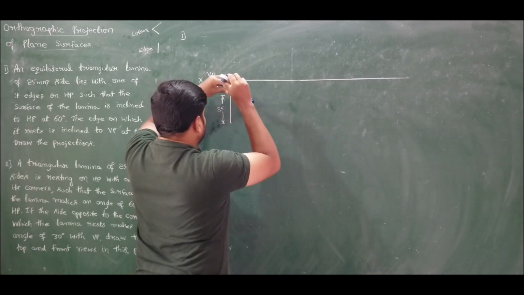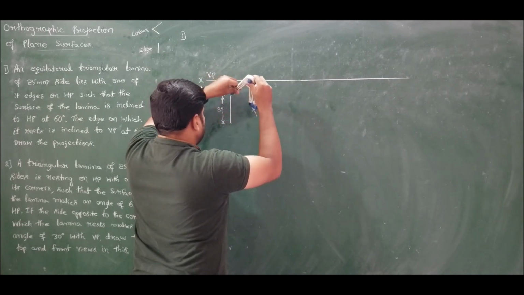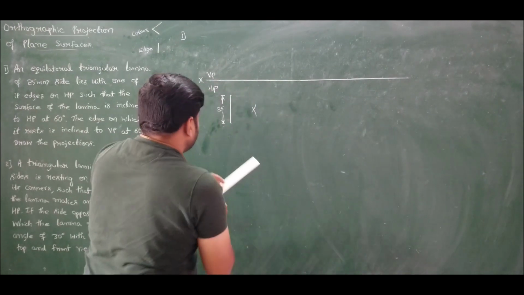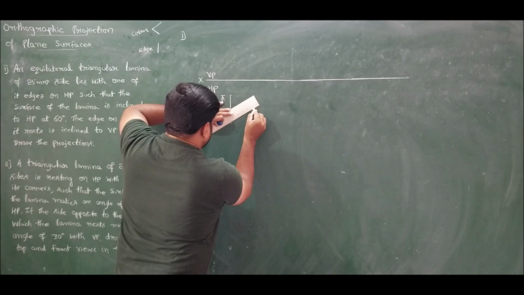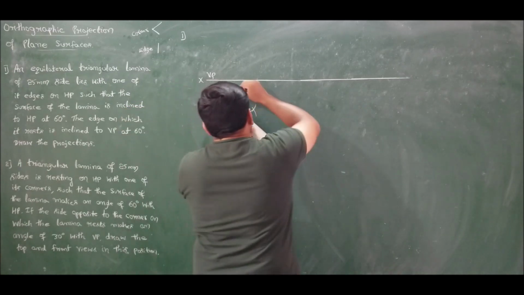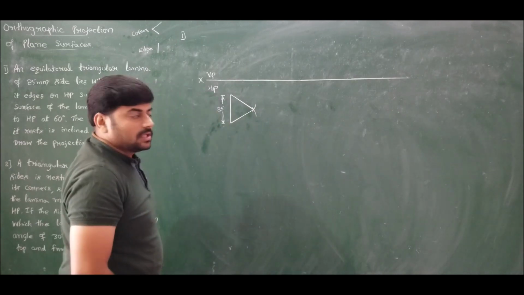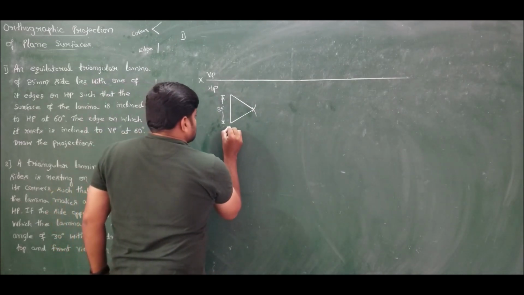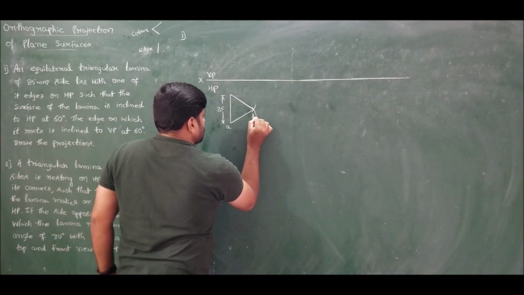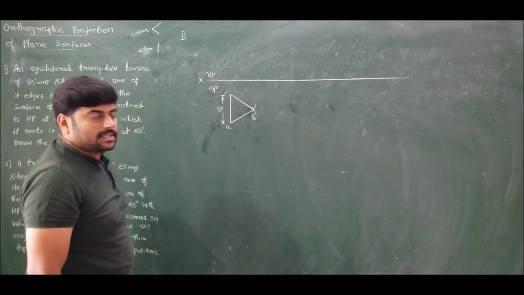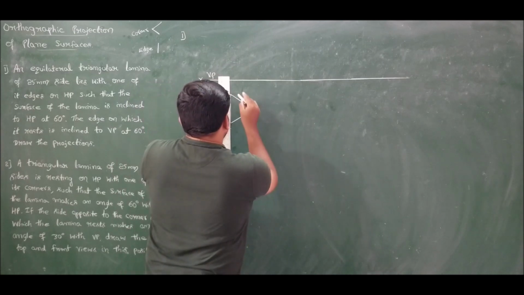Draw an arc, and from the other end intersect this arc. So this gives us the equilateral triangle of side 25 mm, right? So I will mark it as A, B and C.